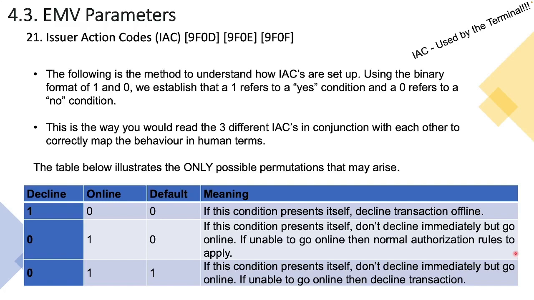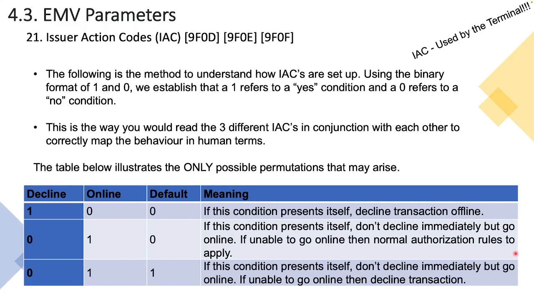So what we're going to go on to discuss now is how we set up these IACs. Using the binary format of 1 and 0, we establish that a 1 refers to a yes condition and a 0 refers to a no condition. In this way you would read the 3 different IACs.